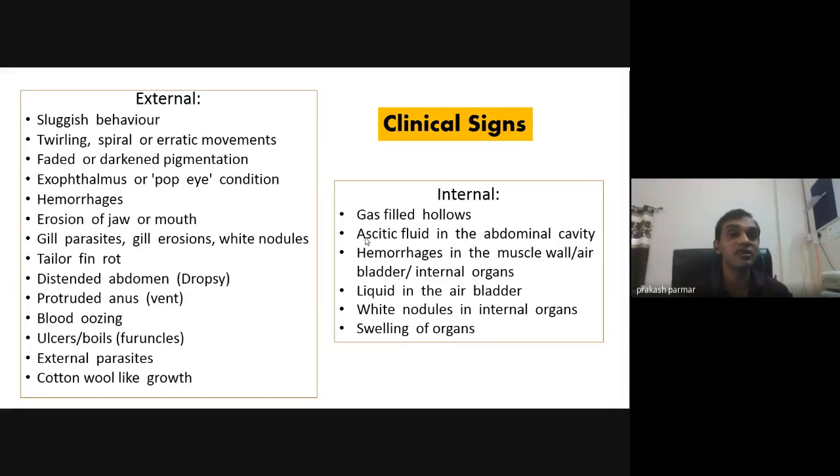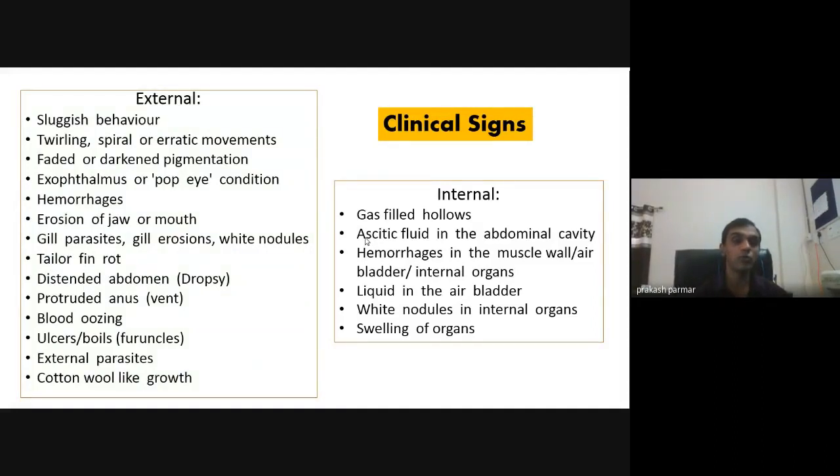We can see sluggish behavior, change in movement, pigmentation or body coloration change, popeyes or exophthalmia, hemorrhage, erosion of the mouth and fins, gill erosions, tail erosion, distended abdomen or dropsical conditions, protruded vents, and blood oozing, or you can say hemorrhages or ulcers. They are the common ones.